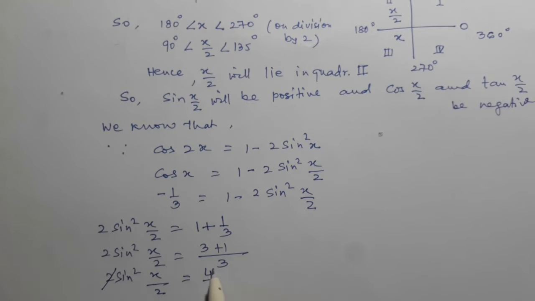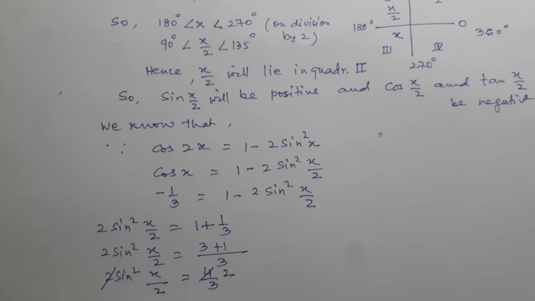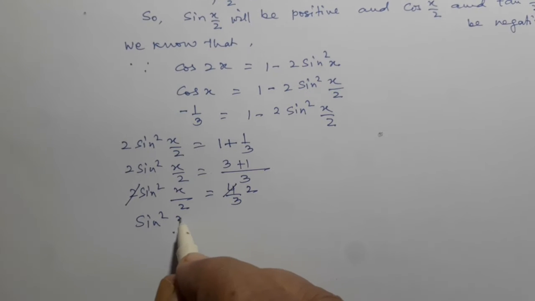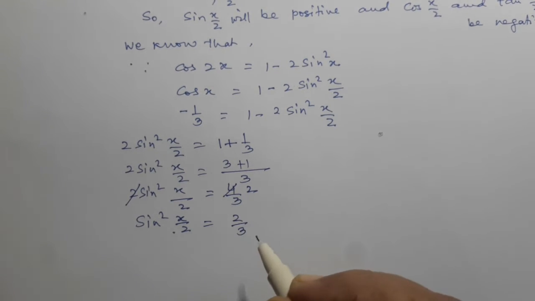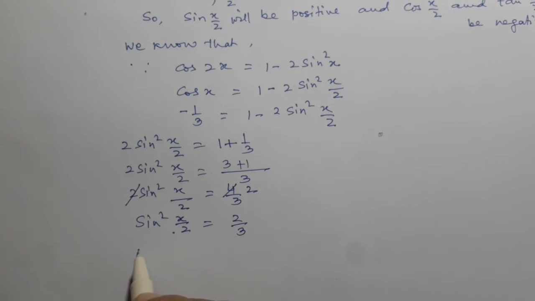By 2 we shall cancel both sides, so sine square x by 2 will be 2 by 3, and sine x by 2 will be plus minus root over 2 by 3.